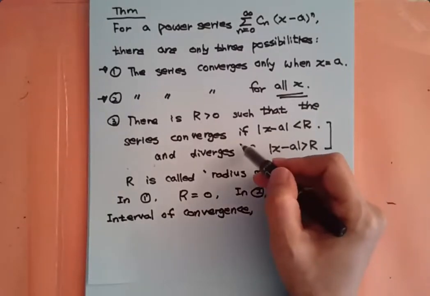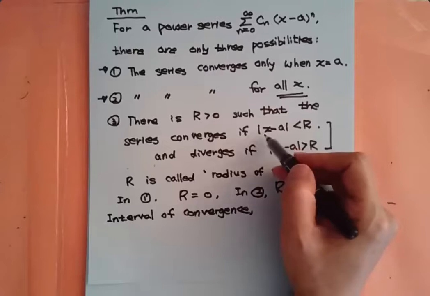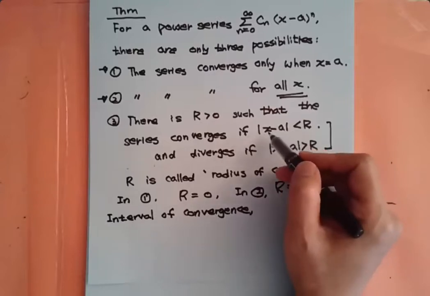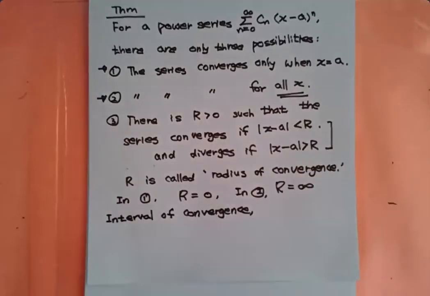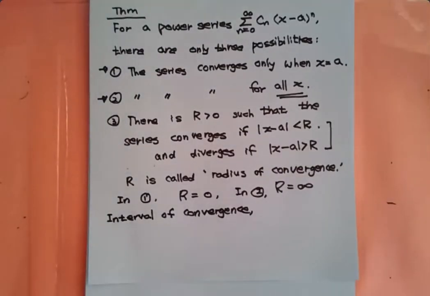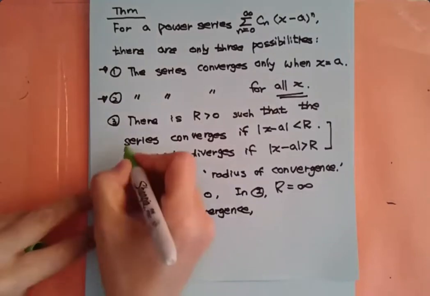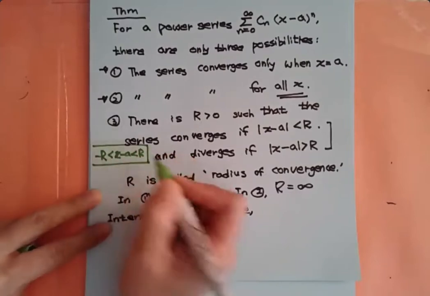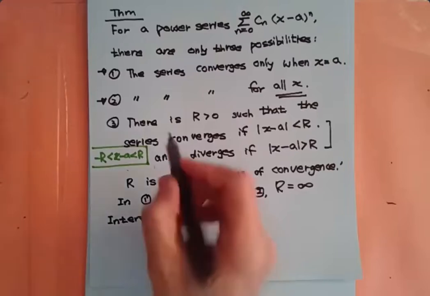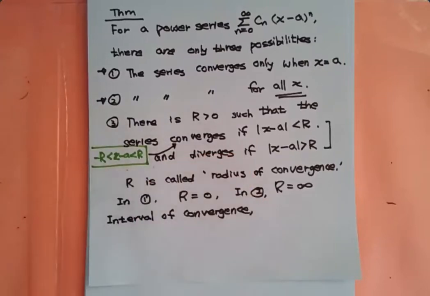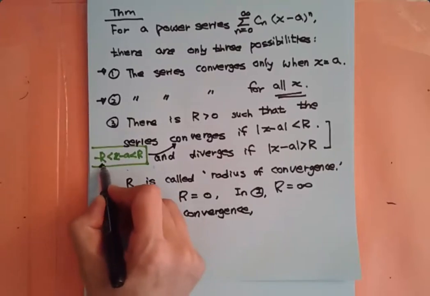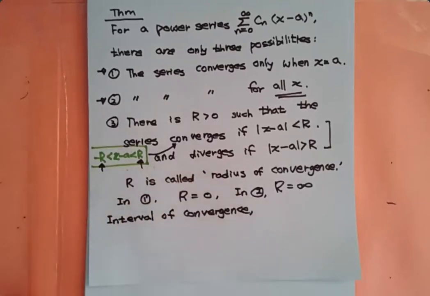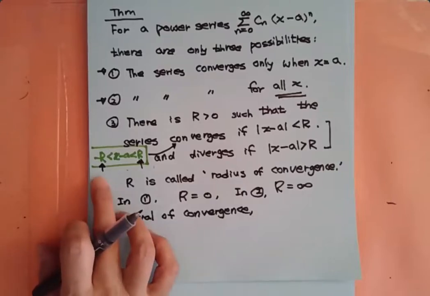In this case, the series converges when the absolute value of x minus a is less than R, which can be rewritten as x minus a is between negative R and R. However, at these boundary points, the series may converge or diverge. So the interval of convergence clarifies whether the series converges or diverges at the boundary points.